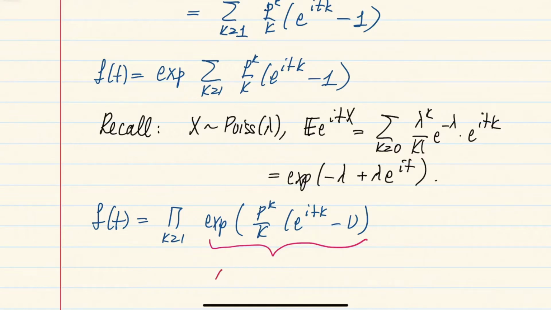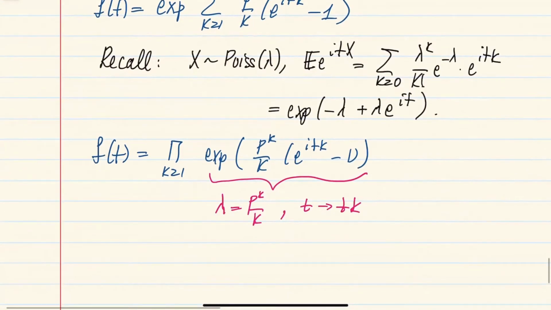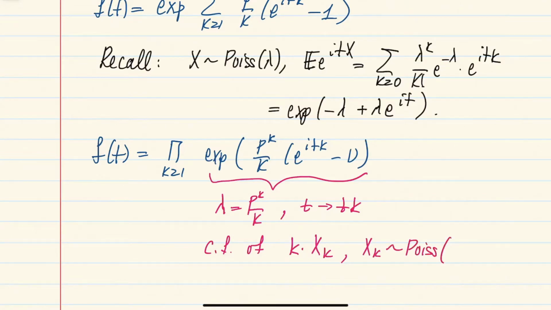Namely, if we take lambda equal to p^k over k, and then instead of t we take tk, then we get exactly the same thing. So in other words, this is a characteristic function of k times a Poisson, right? This rescaling of t by k just means that we multiply our random variable by k, where Xk is Poisson with parameter p^k over k.